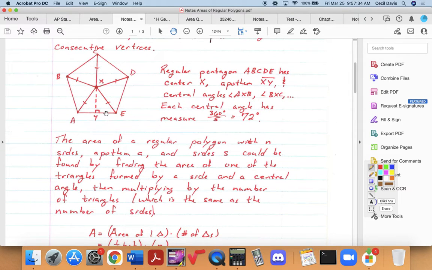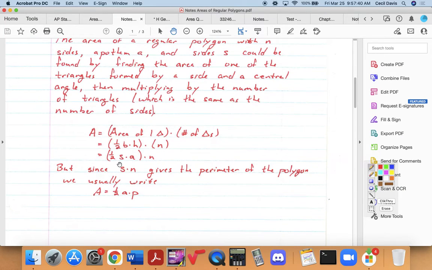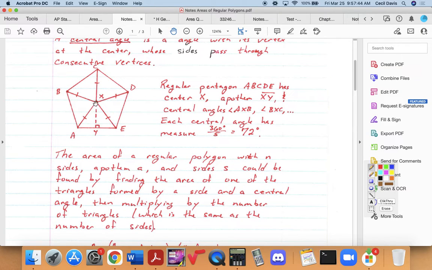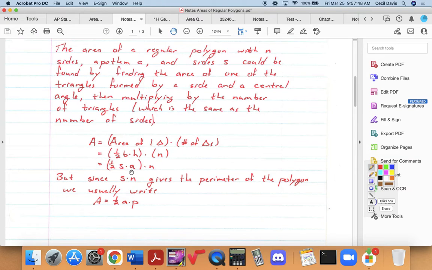The base of this triangle is a side of the polygon. We called that S. The height of this triangle is the apothem. We call that A. So I had a student years ago who used this as his formula. He said it was 1/2 SAN. It was 1/2 SAN. I'm like, okay, that totally works.